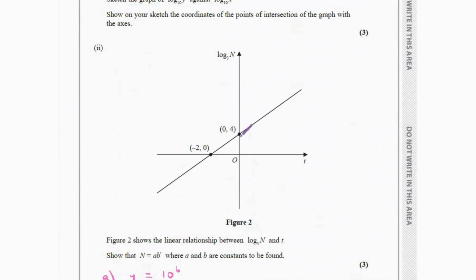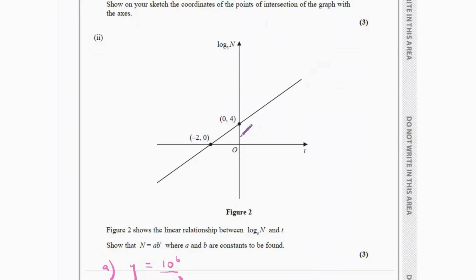figure 2 shows the linear relationship between log n to the base of 3 and t. Show that n equals a times b to the power of t, where a and b are constants to be found. So now it's going to be the other way around.